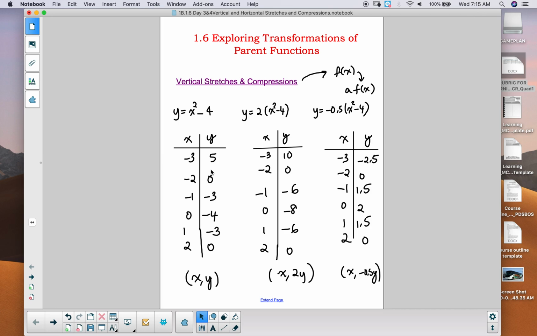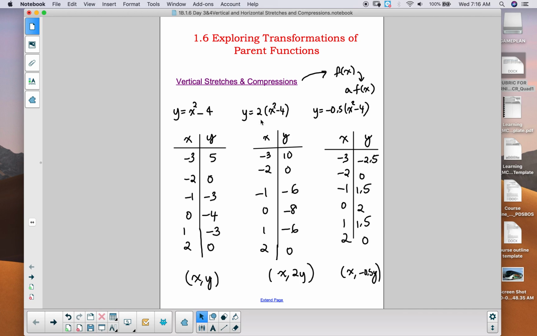I made a table of values going from negative 3 to positive 2 for each of them and recorded the y values. And what you notice is that when you go from the parent function or the beginning function to the next one here, which is 2 times brackets x squared minus 4, every y value is twice what the y value was here, which means there is a vertical stretch by a factor of 2.